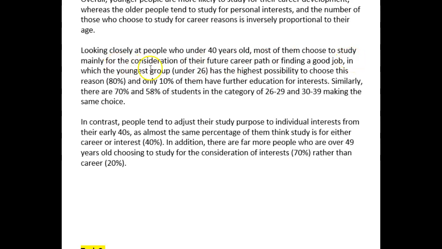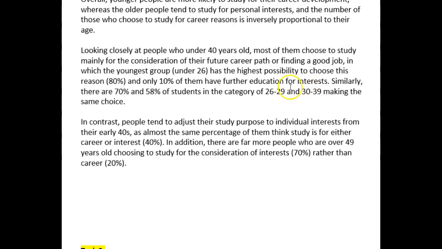The youngest group, under 26, had the highest figure in this category at 80%, and only 10% of them pursued further education for interest. Okay, so it's cleaning up some of the language, simplifying, and maybe making it a little more cohesive.